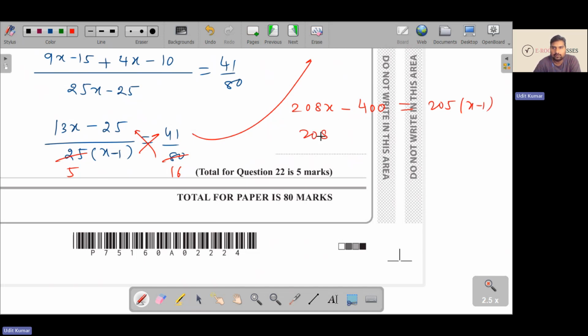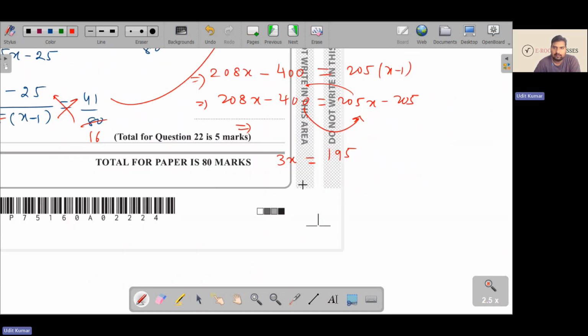If you solve it, transferring terms to each side, 208x minus 205x gives 3x, and 400 minus 205 gives 195. So 3x equals 195, which gives x equals 65. So the total number of counters is 65.